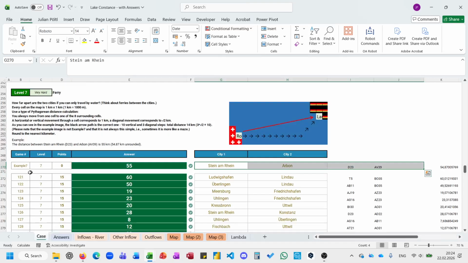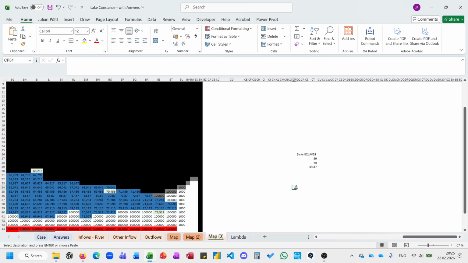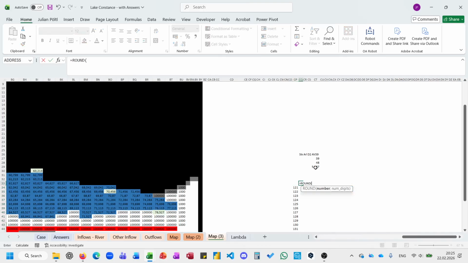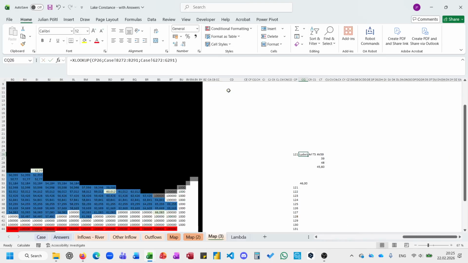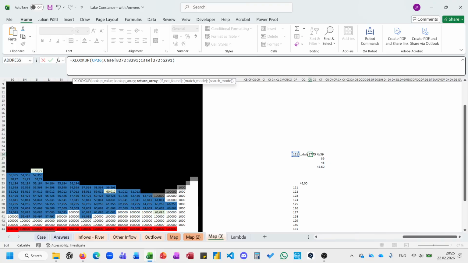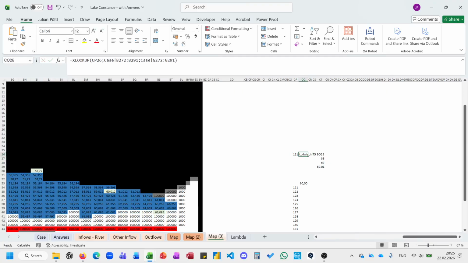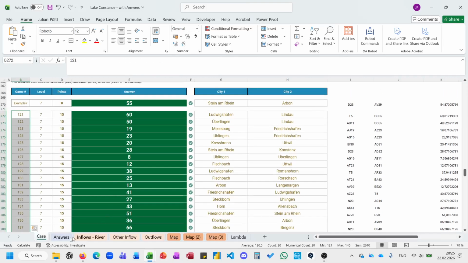Now we create there quickly a data table on the sheet around this here, and this is then, now I have to watch out, equals XLOOKUP 121 for this in here, returning this here, and I watched out that I'm not having an error here, and this is then H. Ludwigshafen Lindau 60, yes.